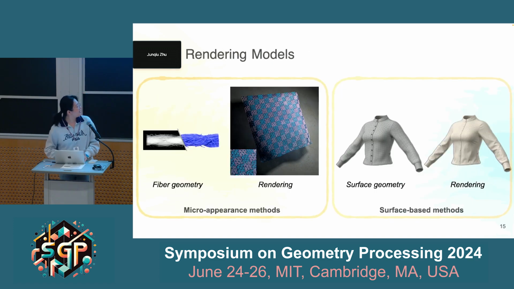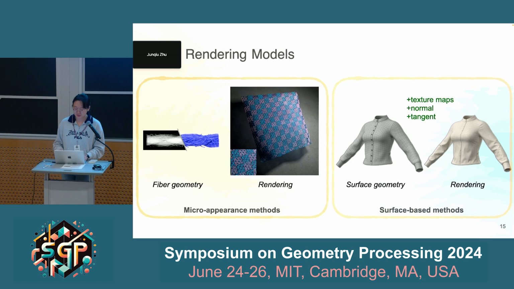So after we introduce the first category, let's go to the other category, surface-based cloth rendering. These methods only need the surface geometry, or we can say the triangles. The simplest approach to modeling a cloth is probably using a combination of the surface, texture, and normal mapping.